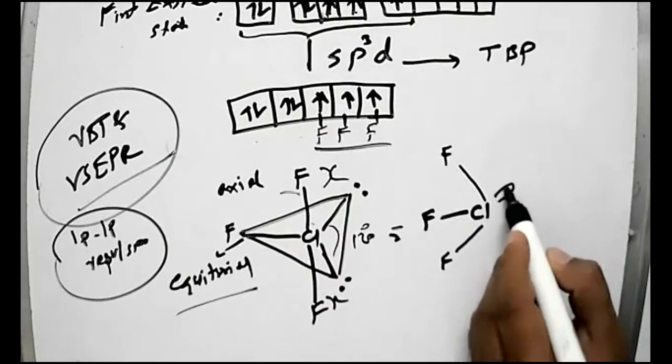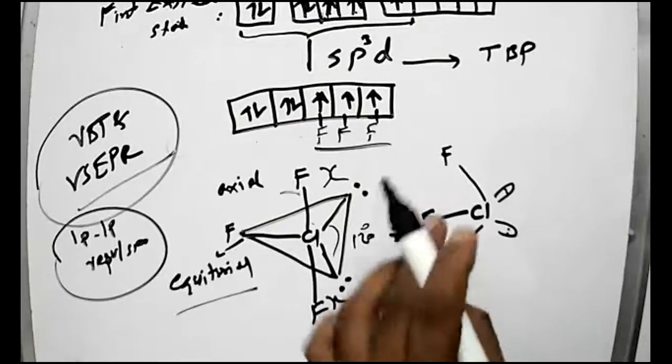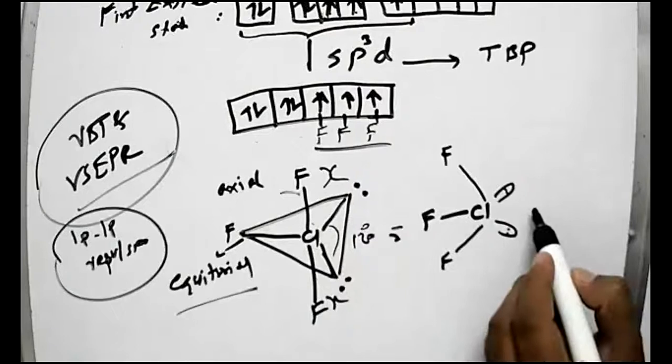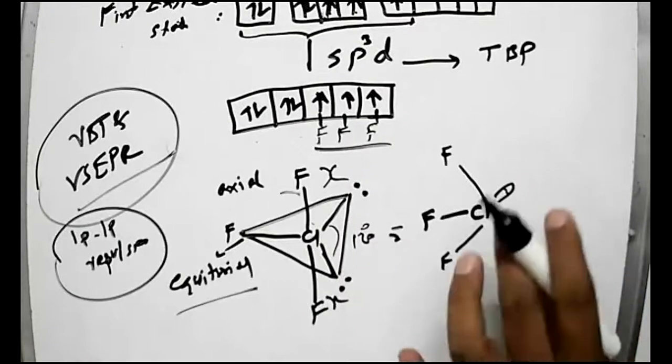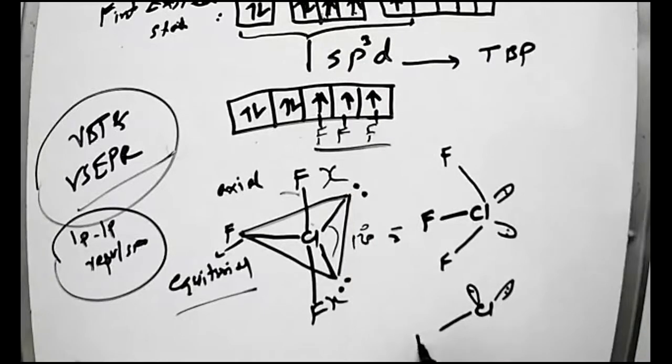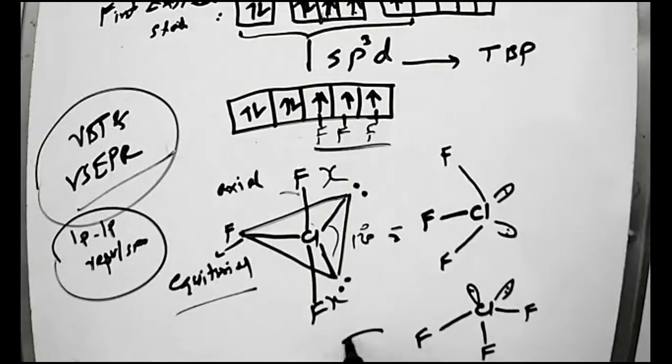Here we can write two lone pairs. If you rotate this molecule like this, I can write these two lone pairs here, and this fluorine, this fluorine, and this fluorine. So it is a bent T shape.